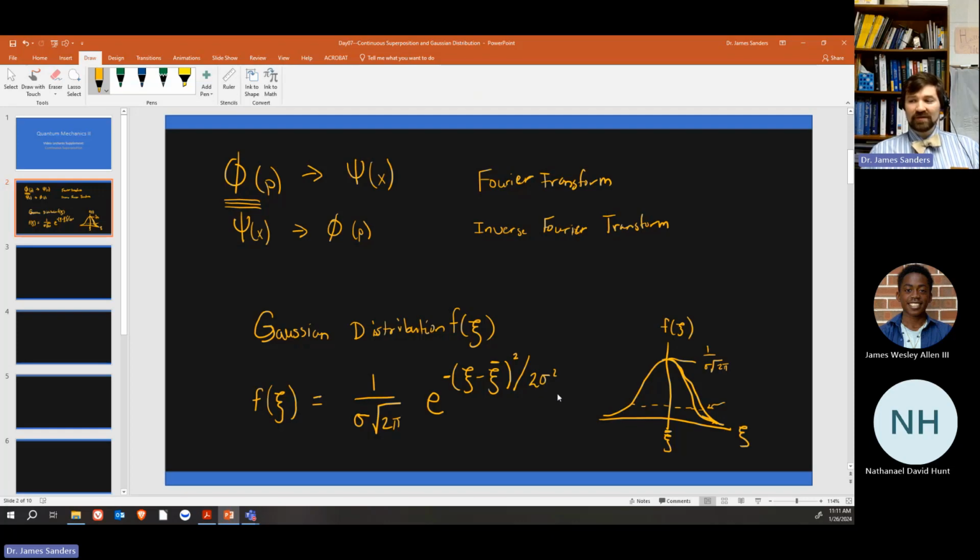Now you may be wondering, why 2 sigma squared? Why not just sigma squared? Well, remember that this right here is, in some sense, a probability density distribution that you then have to square in order to get the actual amplitudes, which you then integrate to find probabilities. By squaring it, you have an exponential.